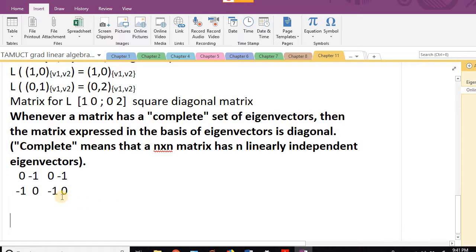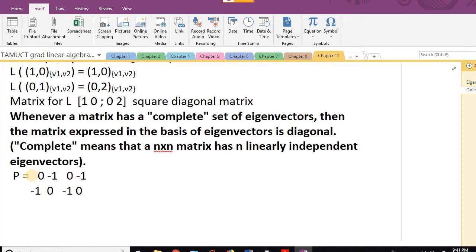Yeah, but you don't get P. You get the identity matrix. Yeah, that's not going to work. You get the identity matrix, not P.